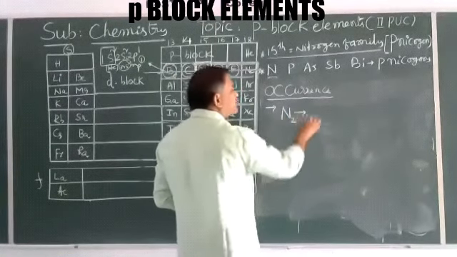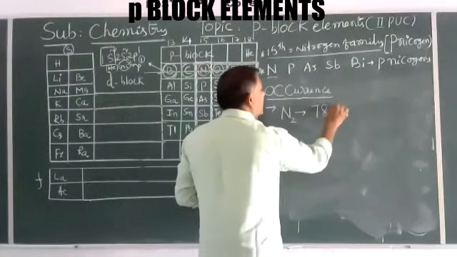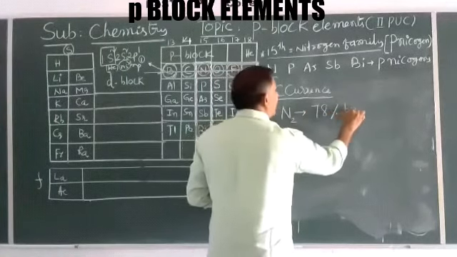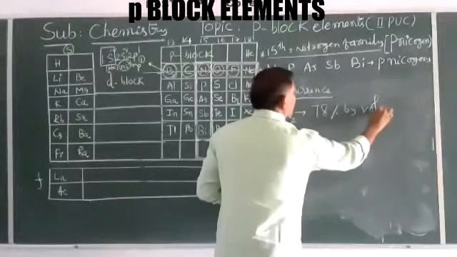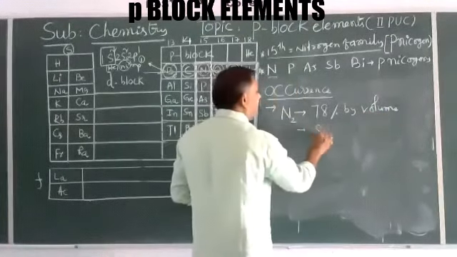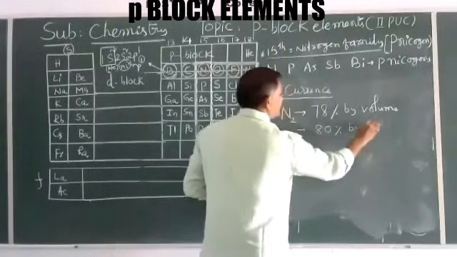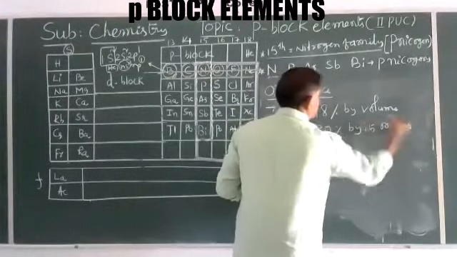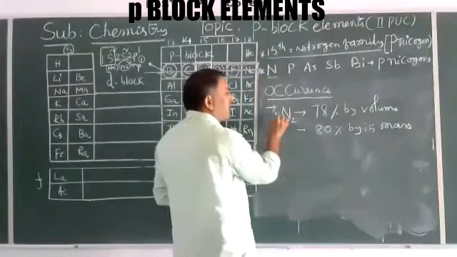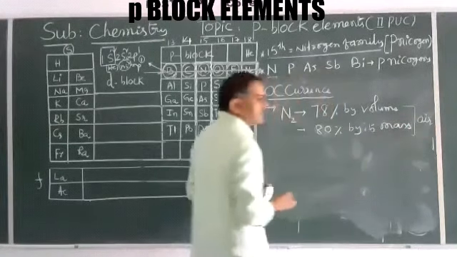Here in atmospheric air under normal conditions, it is available at 78% by volume in atmospheric air, and 80% by its mass. By its mass, meaning only these are in atmospheric air, not in the earth crust.